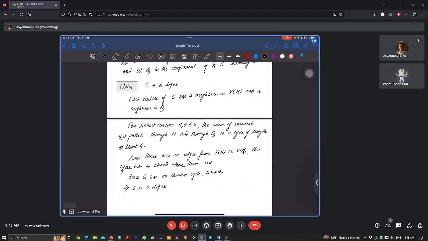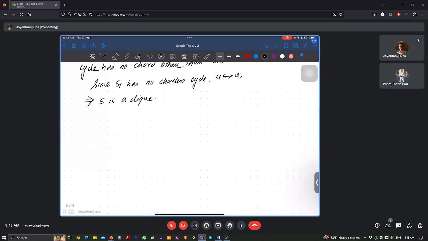Okay, let me draw a picture so that it will be clear. You have two sets. This is your set S. This is your H. Here you have taken two vertices, suppose this is U and this is V. Using these two vertices, we are considering a cycle of length at least 4, like this.